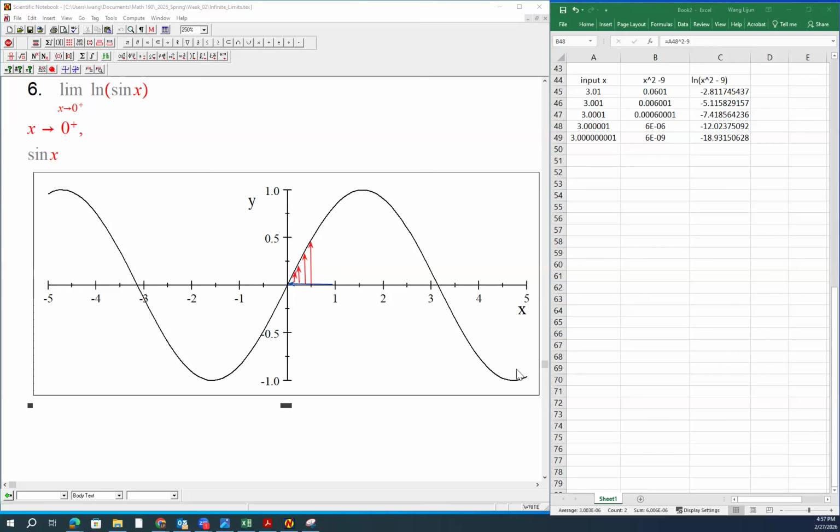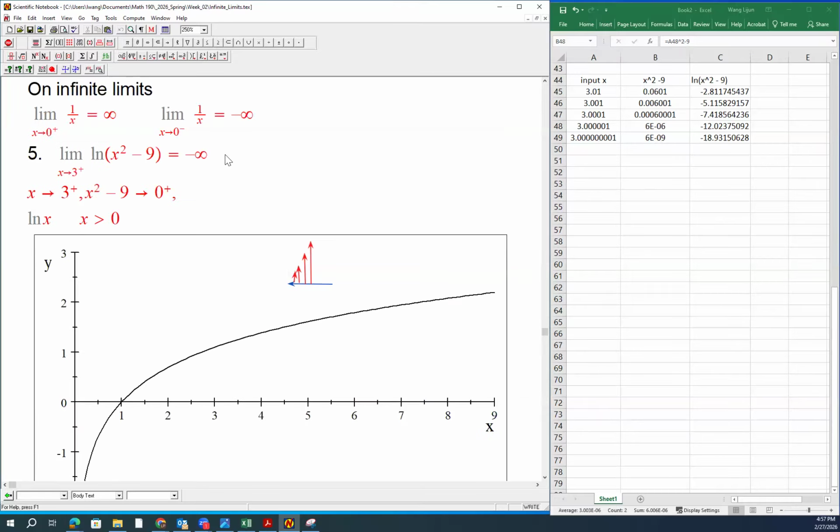So then we can say as x is getting closer and closer to 0, sine x is getting closer and closer to 0, but from larger than 0. And as sine x approaches 0 from larger than 0, ln of it is going to be approaching negative infinity.